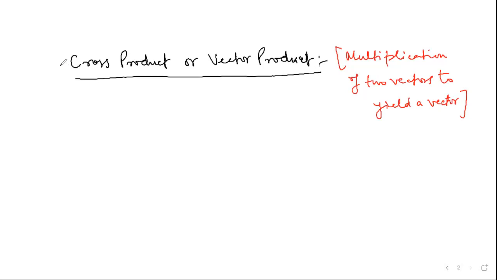So in vectors, we define another product called the vector product or cross product. Cross because we represent this operation by cross. Vector product because this product yields a vector.